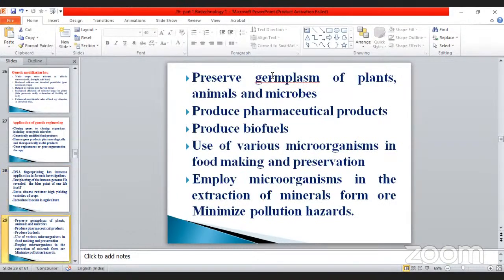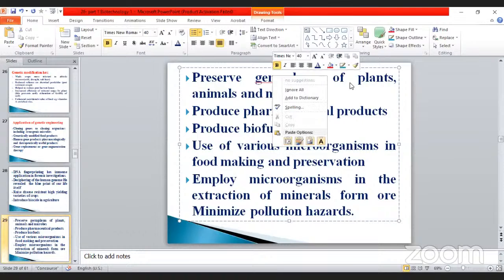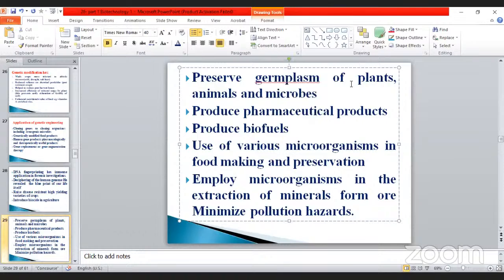And the next one is preserve germplasm of the plant, animal and microbes. Suppose some of the germs are very essential for biotechnology or genetical aspects. Take an example, COVID-19, isn't it? Nowadays, Pfizer is also there. These are all germs.